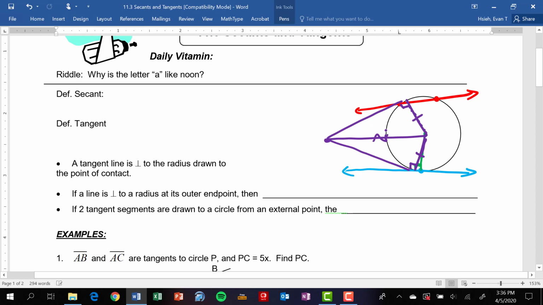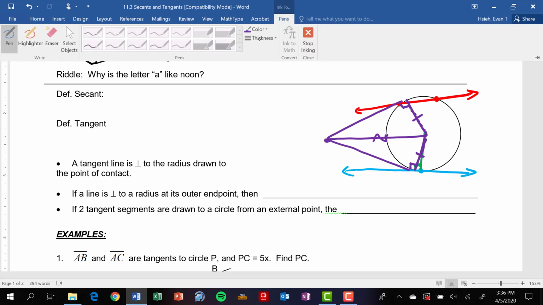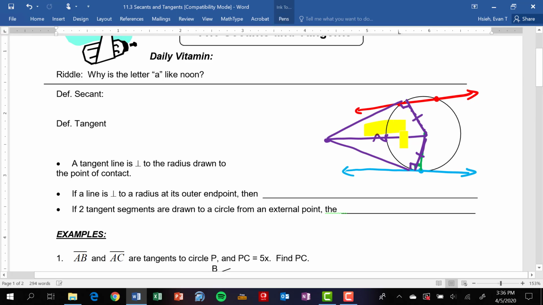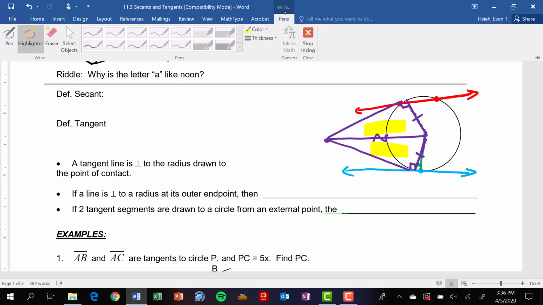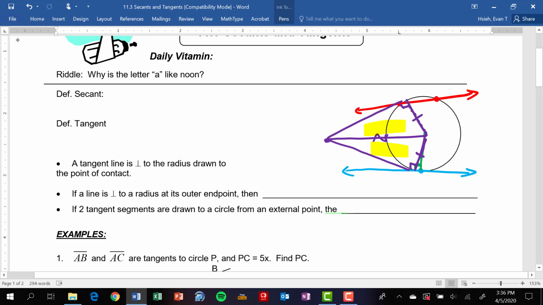This segment in the middle here is reflexive. You have right angles, so that means that these two triangles are congruent to each other by RHL, which means that these two segments are congruent to each other by CPCTC. So those two tangent segments drawn to a circle from an external point, that's my external point right there, those segments are congruent to each other.